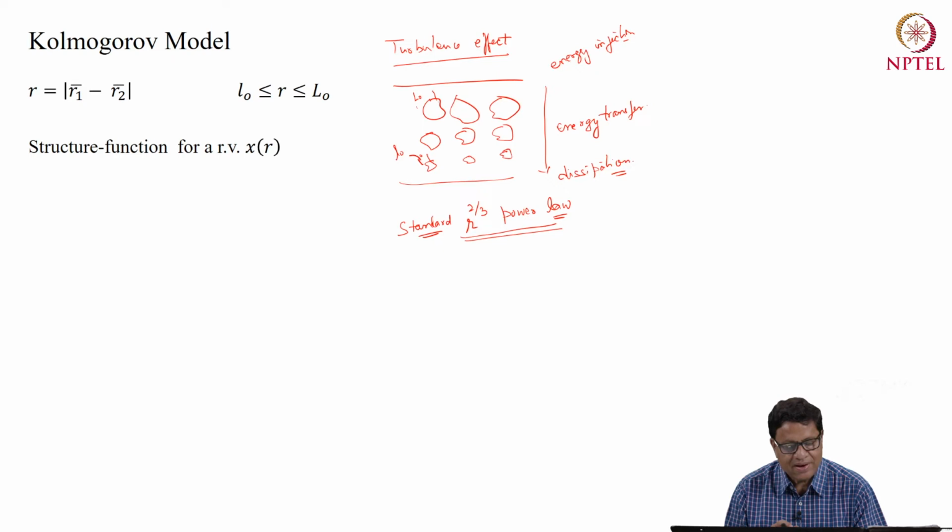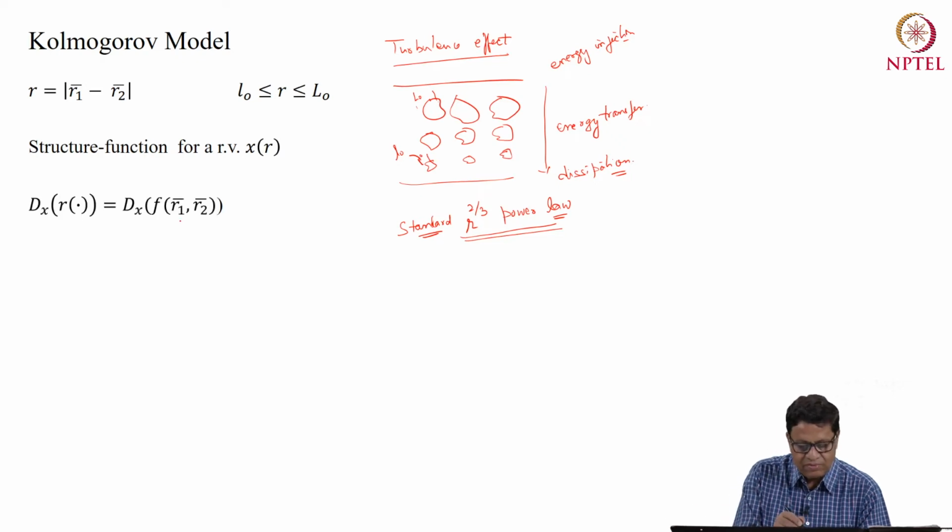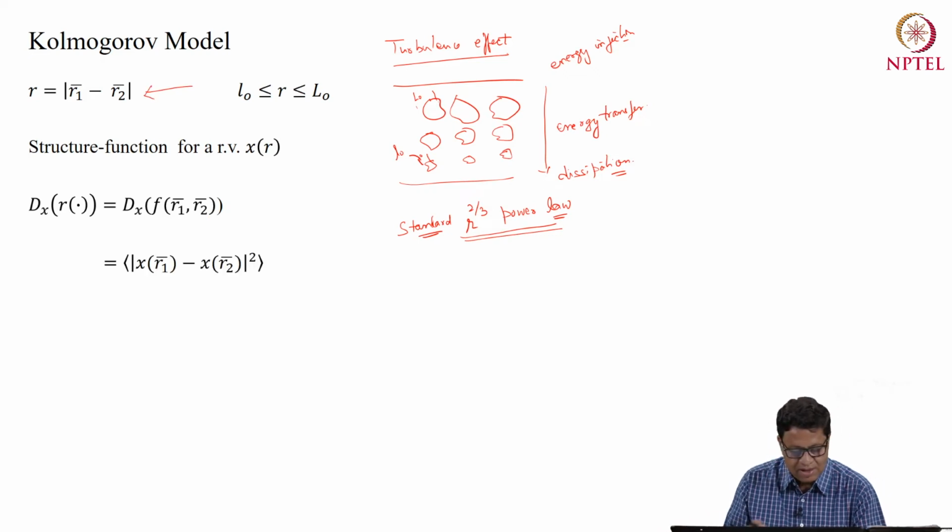So let us define a standard structure function for a random variable X(r), which is a function of r1 and r2, the two position vectors mentioned here, separated by r. It is equal to the average of |X(r1) minus X(r2)| whole square. This is the definition of a structure function.